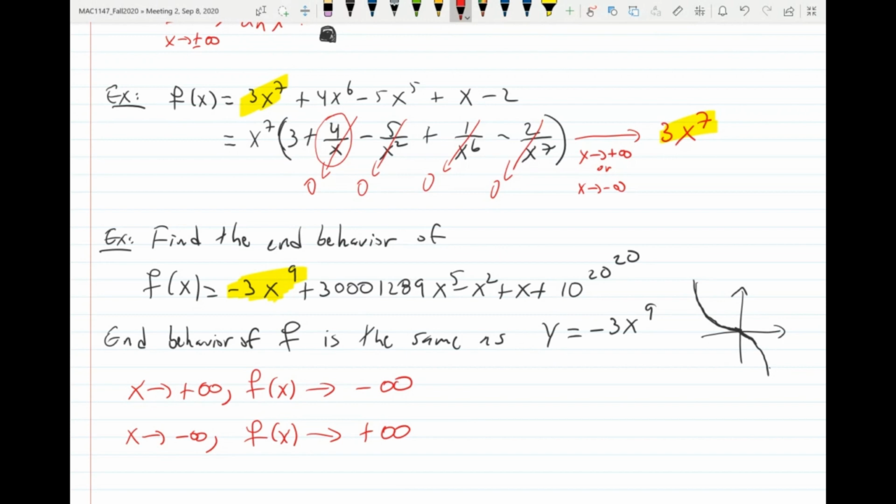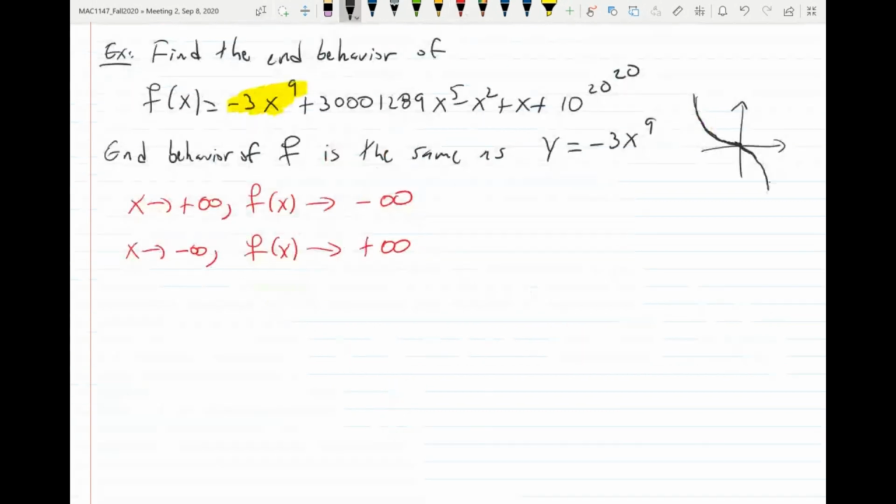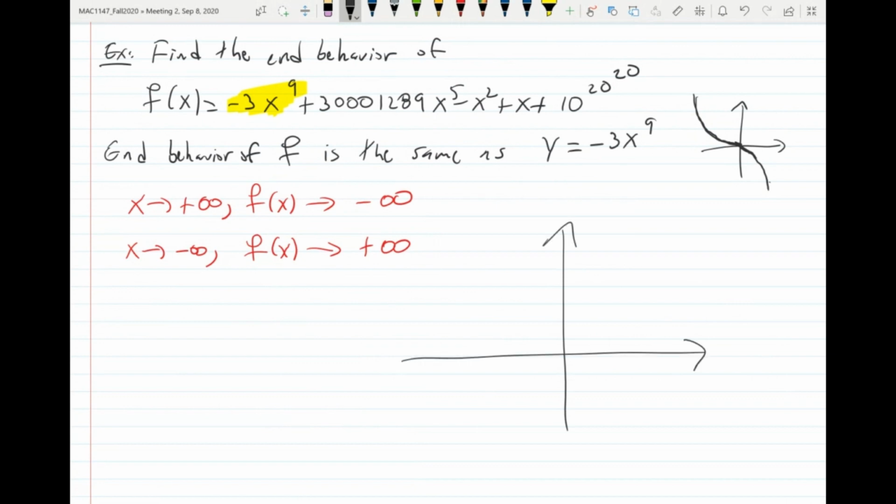Any questions on this? All right, so how is this helpful? Well, this is helpful in the following sense. If you wanted to graph this crazy polynomial function that I wrote here, then what you know for sure is that whatever your picture is, it has to begin from up here, and then it needs to finish down here. Now, of course, what happens in the middle still remains.